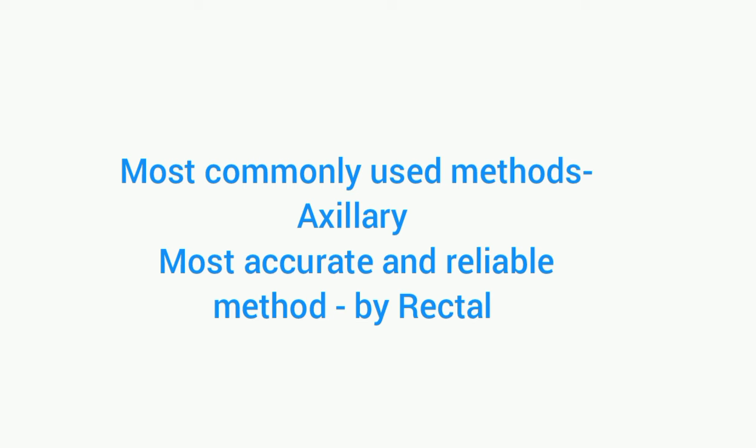Option C is the correct answer. An important point: the most commonly used method for taking temperature is the axillary method, and the most accurate and reliable method is the rectal method, because the rectal area contains a large amount of blood supply and is not influenced by external air, so we can get an accurate result.